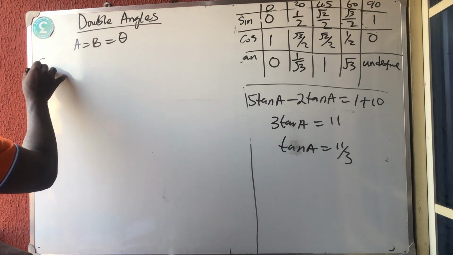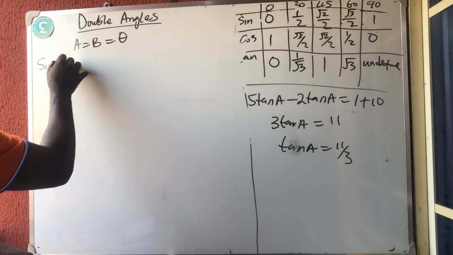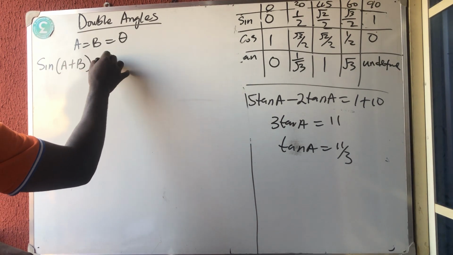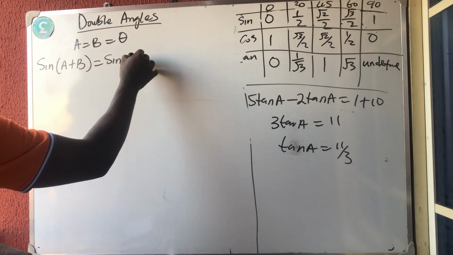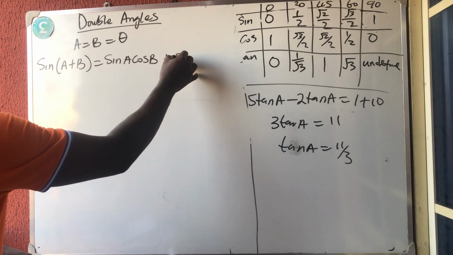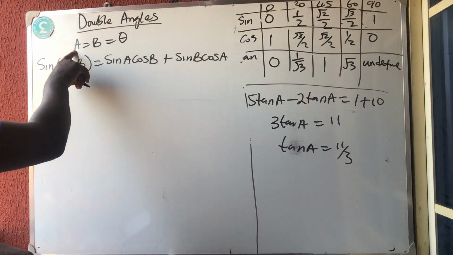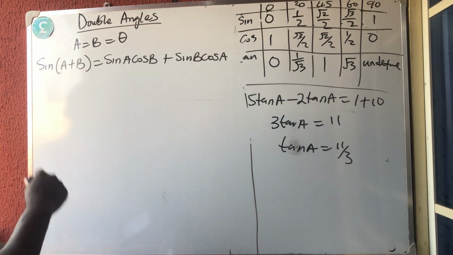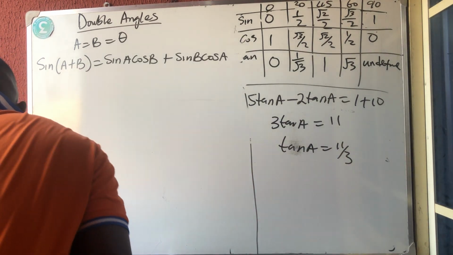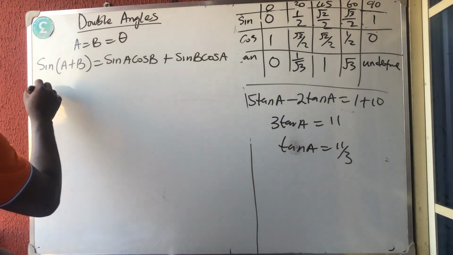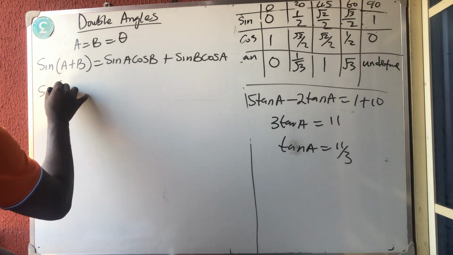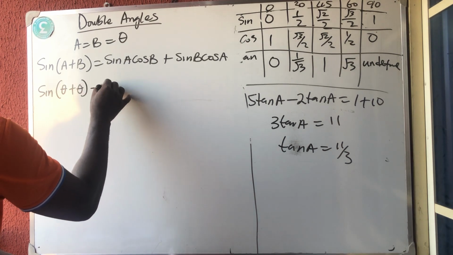Okay, so if I have that sine (A plus B) is equal to sine A cos B plus sine B cos A. Now, if we say that A is equal to B and is equal to theta, it means anywhere I see A and B, I will just put theta. It will now be what? Sine (theta plus theta) is equal to what?